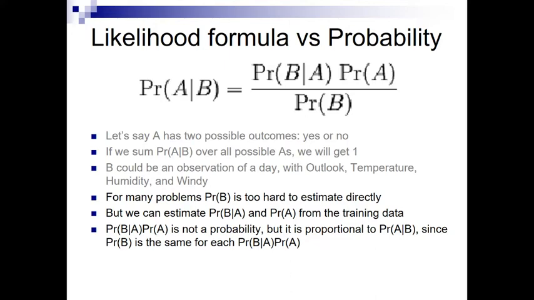But there's a problem here. That's not a probability because we haven't divided it by the probability of B that would turn it into that probability of A given B. But it is proportional to the probability of A given B. And we know that because we can compute probability of B given A times probability of A divided by the probability of B for each one of our A's.